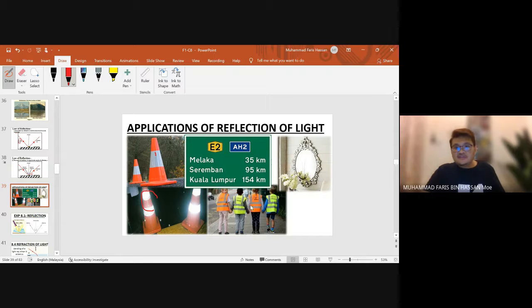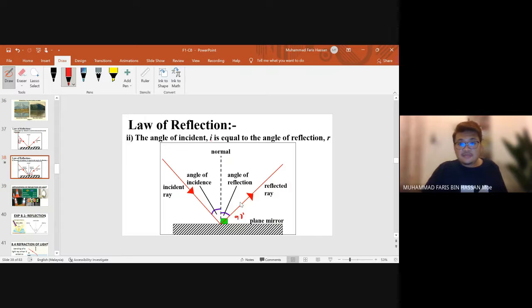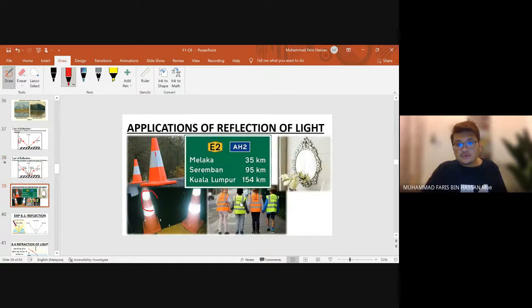The function of this jacket is to reflect lights. So when light goes through this jacket, it will reflect back to our eyes. So we can see this jacket, so we can see there is a person there.